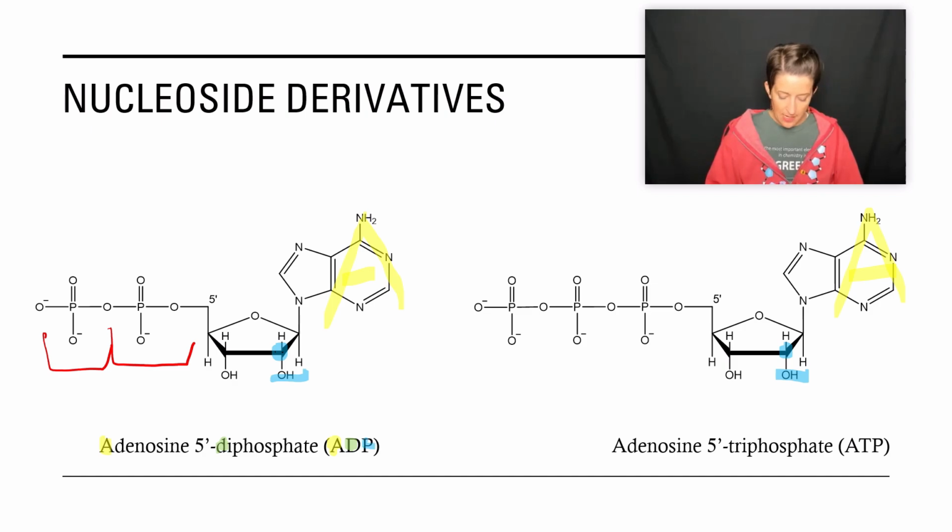And then the P is for phosphate. So ADP, there are 2 phosphate groups coming off of the 5' carbon. And then likewise, ATP, adenosine 5' triphosphate, has 3 phosphate groups coming off of the 5' carbon.